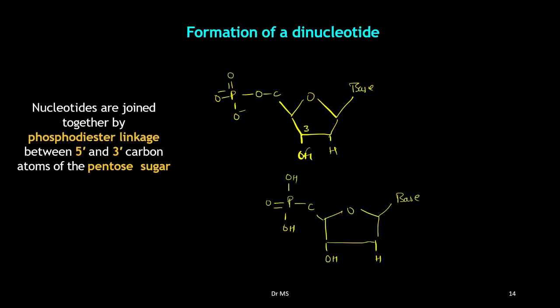There is a loss of hydrogen and OH, which makes a water molecule, and they will join together with the help of this oxygen. If you see here, there is a phosphoester bond in this, and there is a phosphoester bond in this. So both join together. We call this the phosphodiester bond. Two esters are joining together.